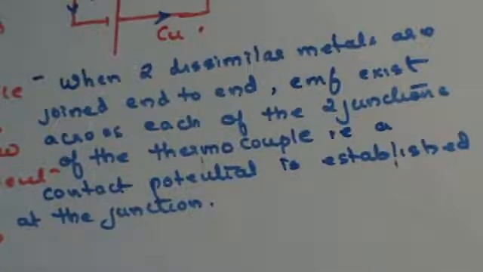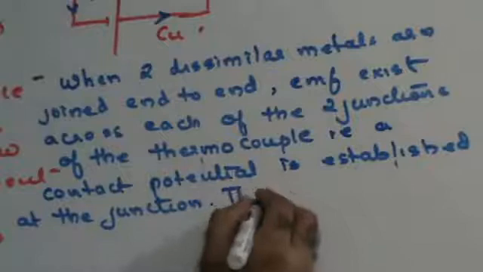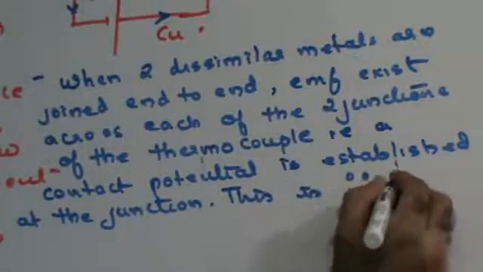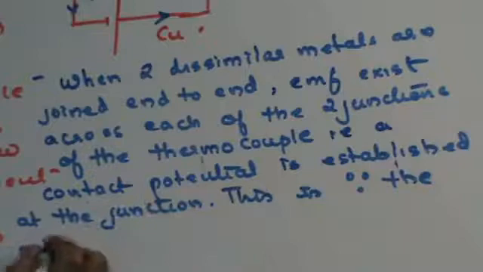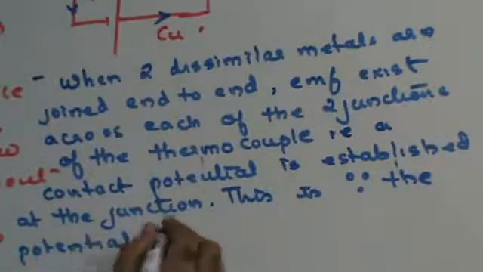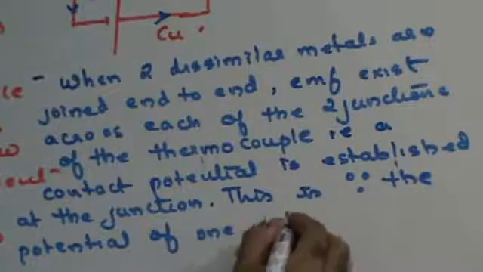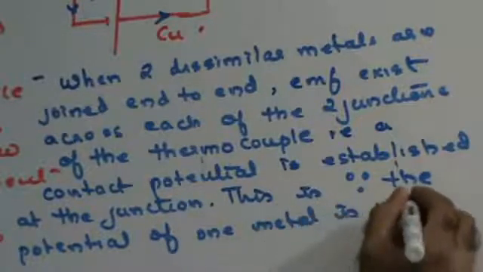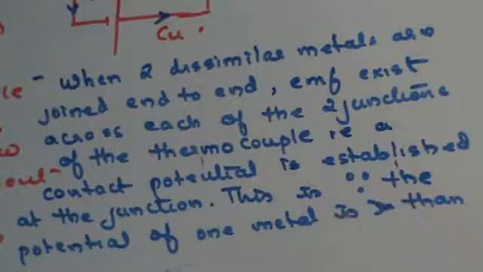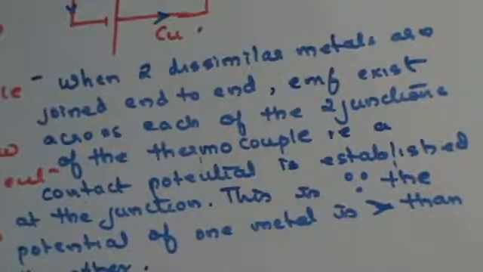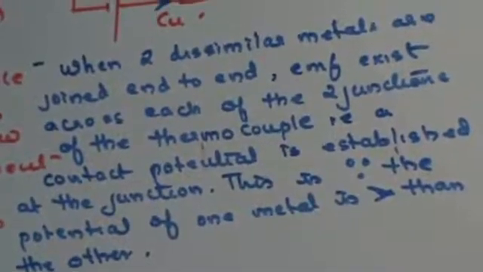Now, this is because the potential of one metal is greater than that of the other. Right? Now, in the case of the diagram that I have shown you, if I consider a copper and iron thermocouple, the potential of iron is greater than that of copper.